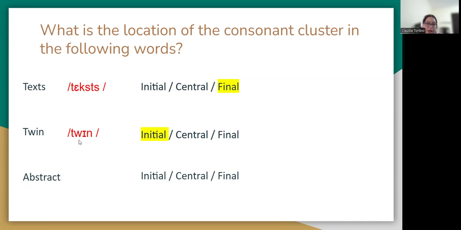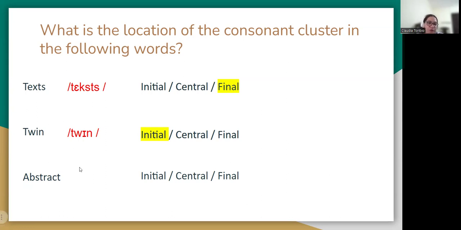Remember, as Spanish speaking people, this may be a little bit confusing when we first encounter this, because we may think, oh, twin, it's a vowel. Well, remember that w is a semi-vowel. It is not a vowel, but a consonant. So here we have a cluster of 2 consonants, twin.